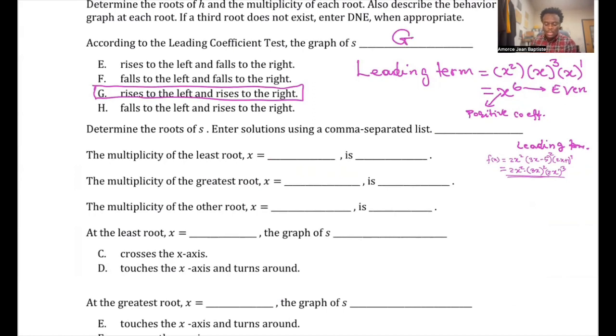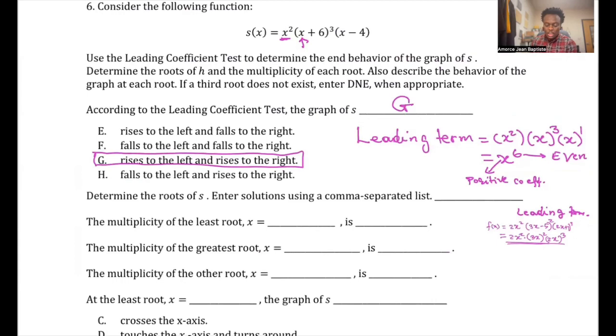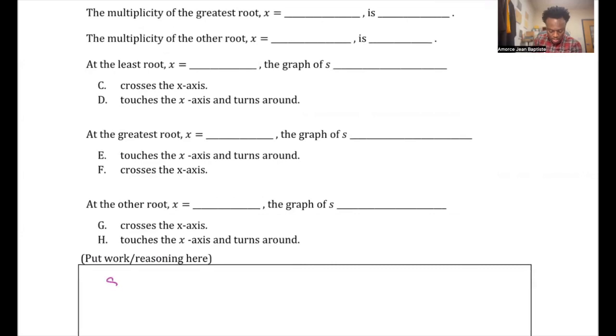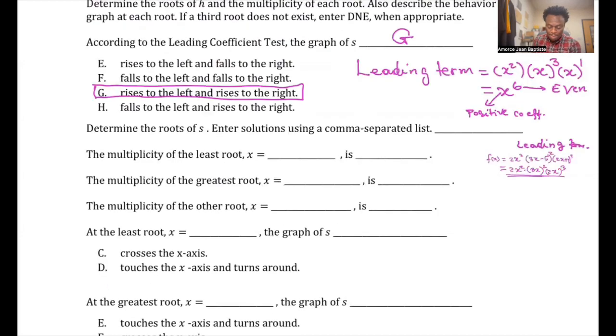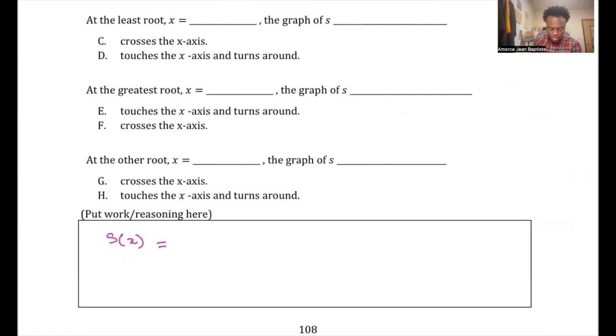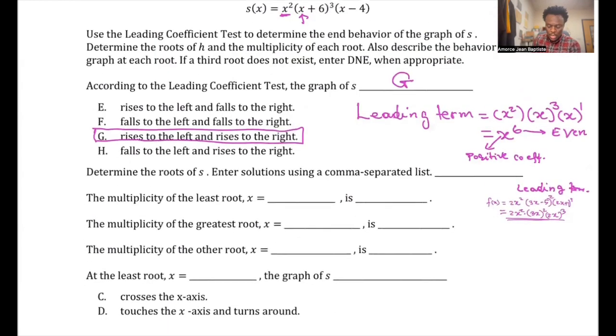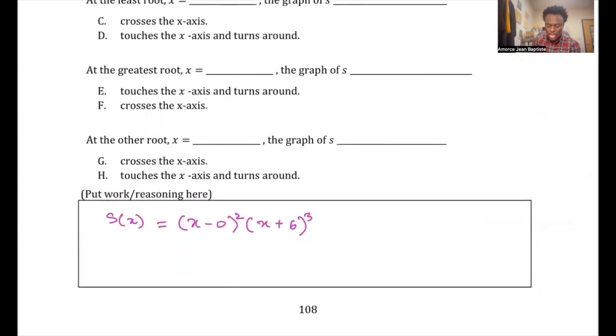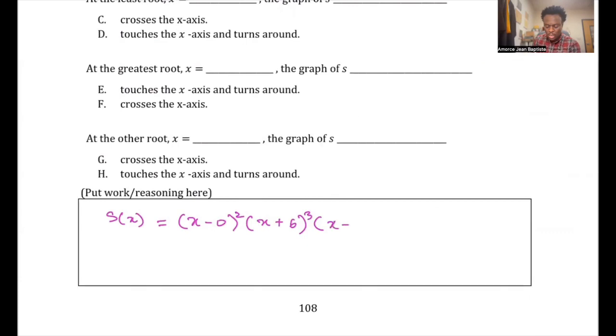And now the next thing they ask is to find the zeros and their multiplicity. Well, S of x is x squared, that I can write as x minus 0 squared, times x plus 6 to the third, and then x minus 4.